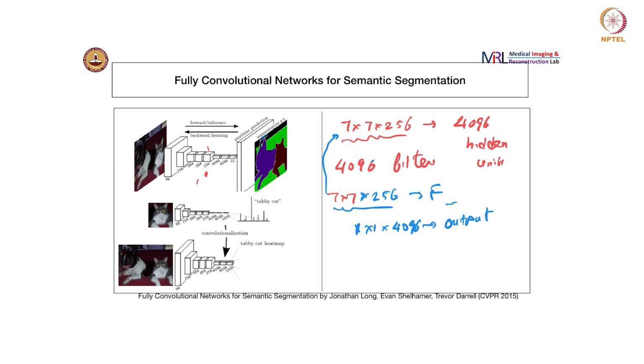We know that in the case of image recognition, the input size was approximately 224 cross 224. If that input goes through this typical AlexNet, the output is a vector of size 1000, with each element indicating the probability of belonging to that class. Now let's consider this input image, which I'm going to say is twice the size of the image that you typically give as input to this image recognition network.